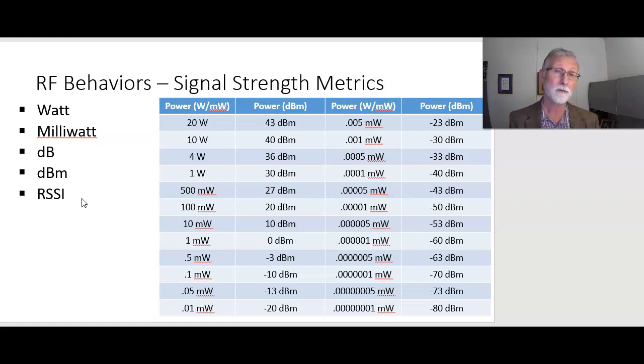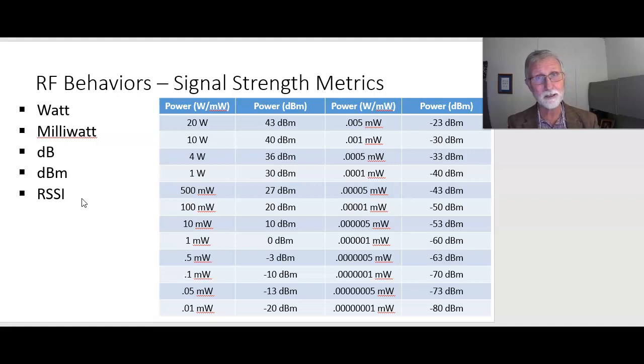And then the last term you're going to hear is received signal strength indicator, the RSSI. Now the 802.11 standard put in an arbitrary metric to try to measure received signal strength, but there's no actual rule on how to set it up.